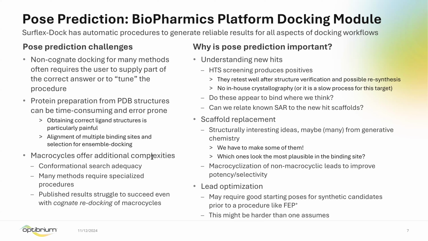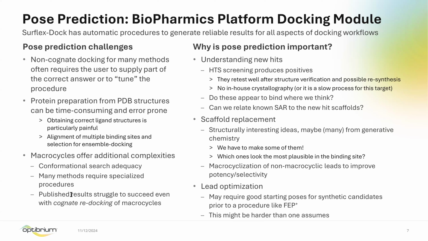and macrocycles, which we've been spending quite a bit of time on over the past several years, create additional complexities for docking. Fundamentally, there's the issue of conformational search adequacy, where many methods require specialized procedures instead of just running what you know how to run.